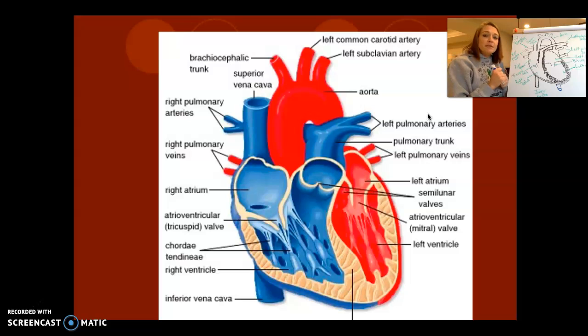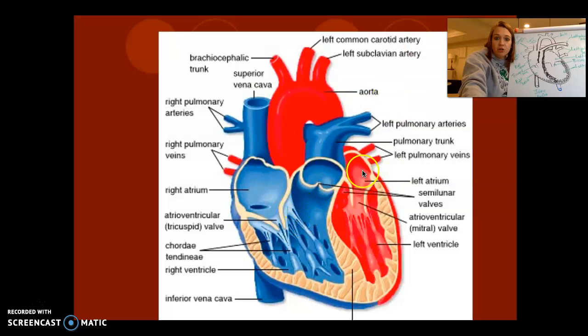So then once the blood has gone to our lungs and done gas exchange, because it gets rid of the carbon dioxide and takes on oxygen, it then comes back through your left and right pulmonary veins, because it's going back to the heart. Now, once it's in the heart, it's going to go to your left atrium, okay?